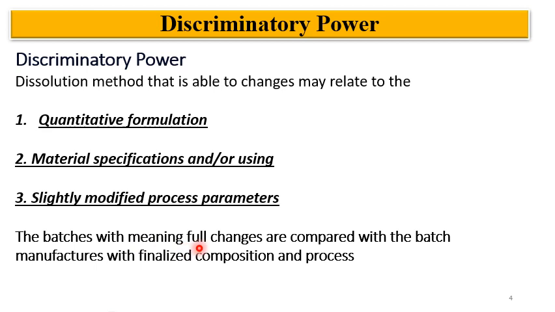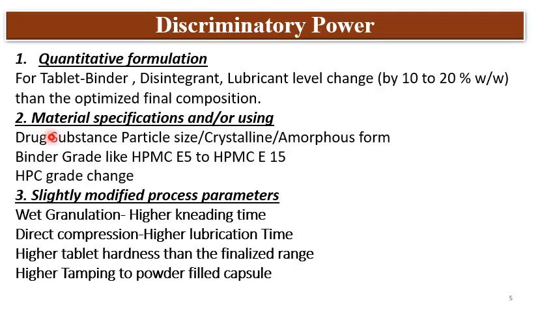The batches with meaningful changes are compared with the batch manufactured with finalized composition and process. Examples are change in the drug substance particle size, crystalline or amorphous form, binder grade like HPMC E5 to HPMC E15, and quantitative formulation changes like tablet binder and lubricant level changed by 10% to 20% compared to the finalized composition.